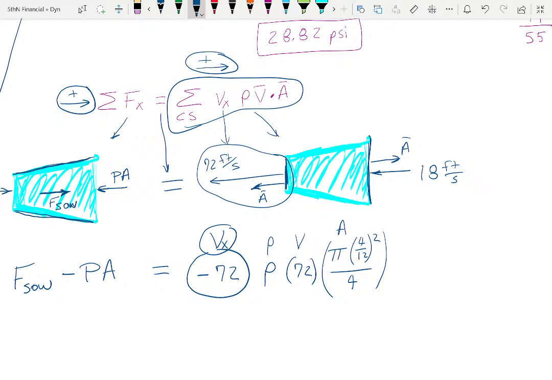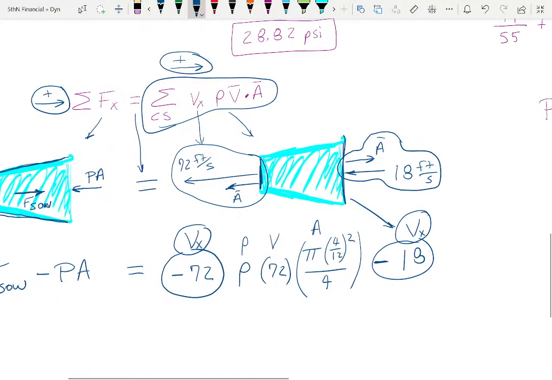Now, the next one I'm doing is that one. And this one, it's going to the left as well. So the Vx is going to the left, and the dot product is negative as well.